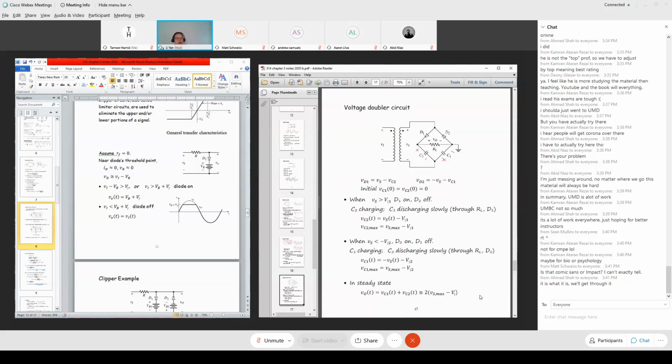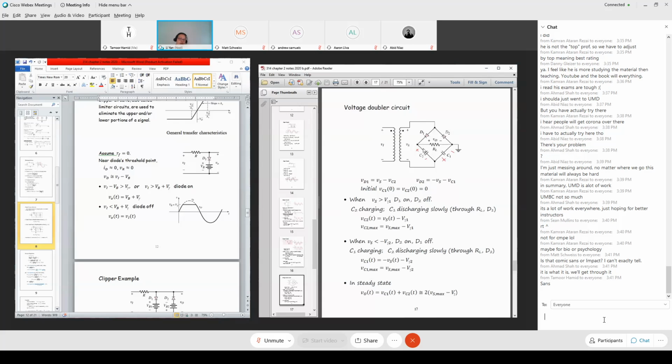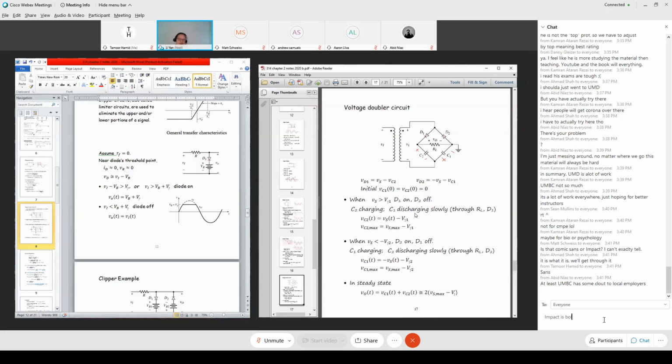So this is the voltage doubler. The sinusoidal input voltage, stepped down by the transformer, Vs, is still sinusoidal. But if you use a capacitor, then we can charge the capacitor to the maximum. In some cycles we discharge, but we choose the capacitor value so large that it discharges very slowly.